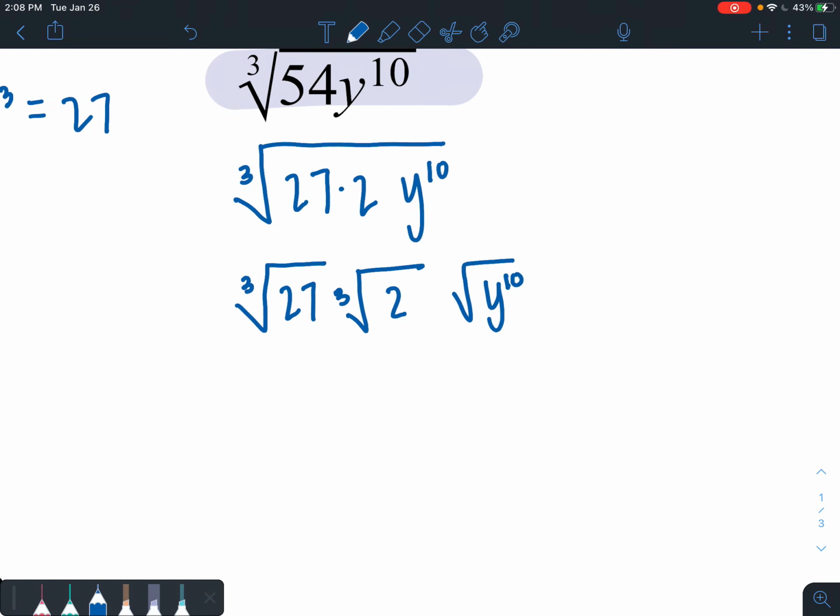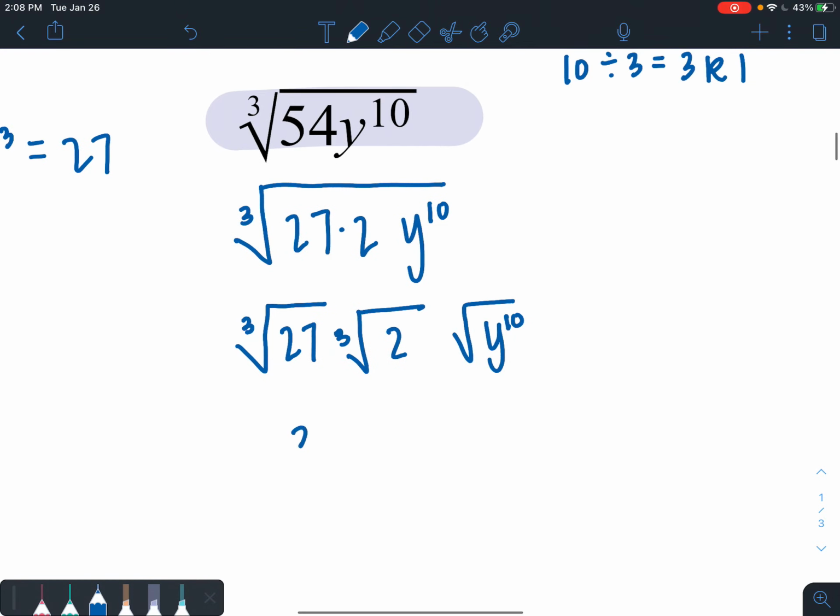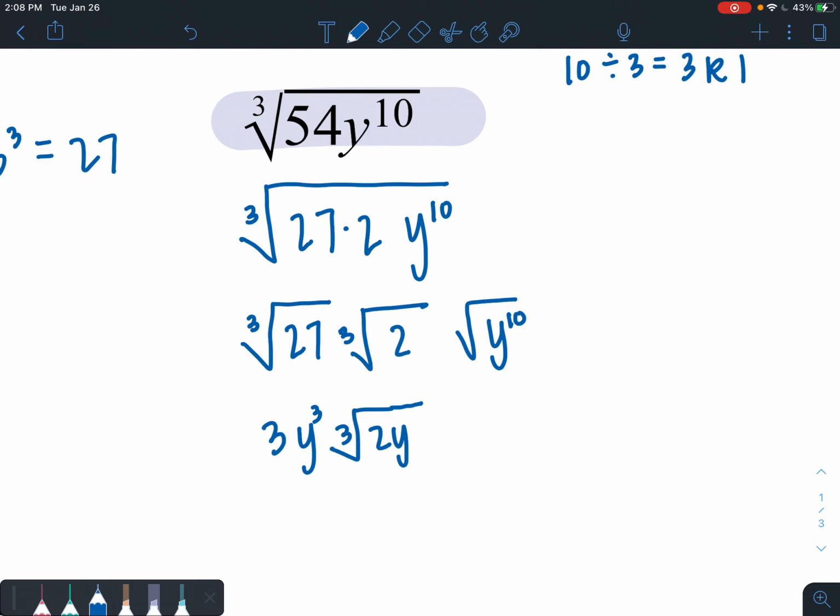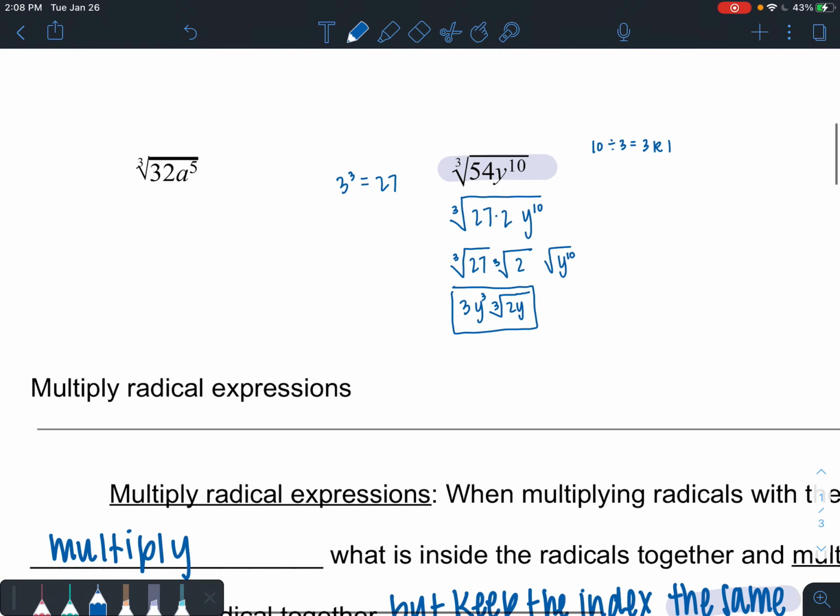So we get cube root of 27 is 3, cube root of 2, and then I have y to the 3, y to the 1 in there. Okay, so there is our answer to that one.